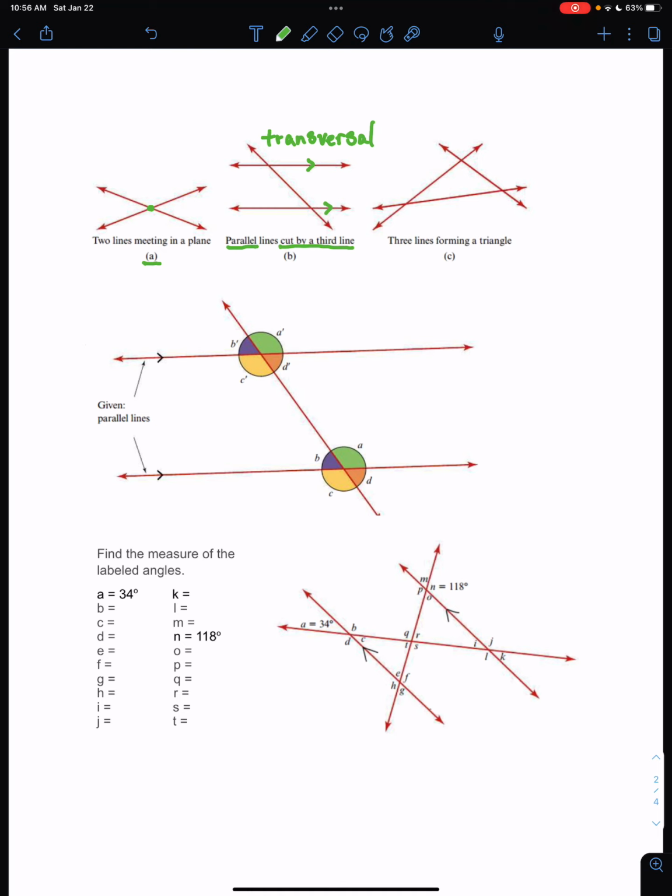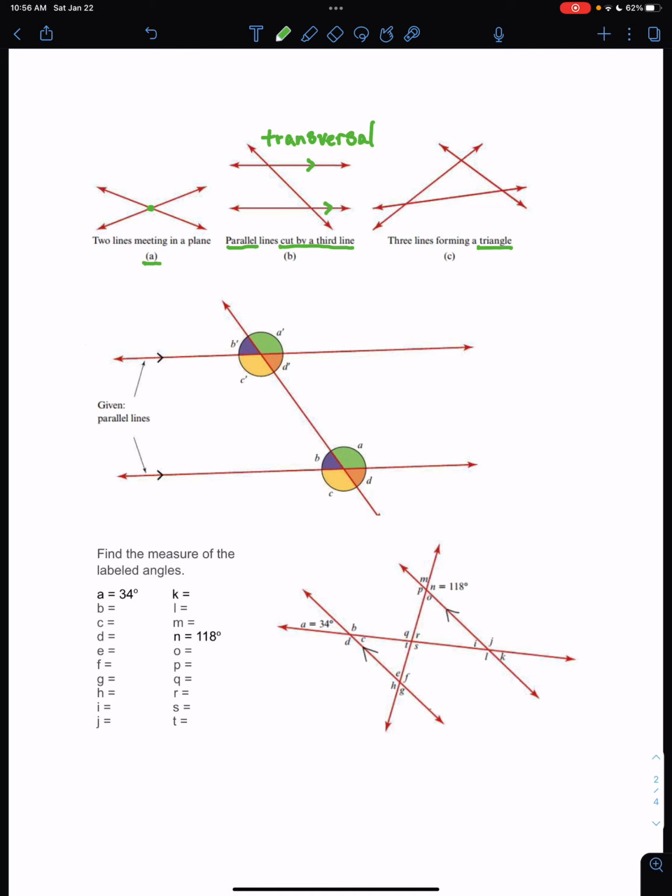Then we can have three lines, and three lines that intersect form a triangle. In a future video, we'll talk more about the importance of triangles, and the importance of the angles, the interior and the exterior angles, formed by three lines that intersect to form a triangle.